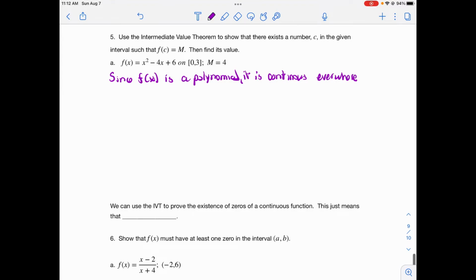But I don't really care in this problem about it being continuous everywhere. It wanted us to look on this closed interval from 0 to 3. So now I have to take this everywhere from negative infinity to infinity and bring it down to what I'm focusing on in this problem. So then you'll say that f of x is continuous on the interval from 0 to 3.